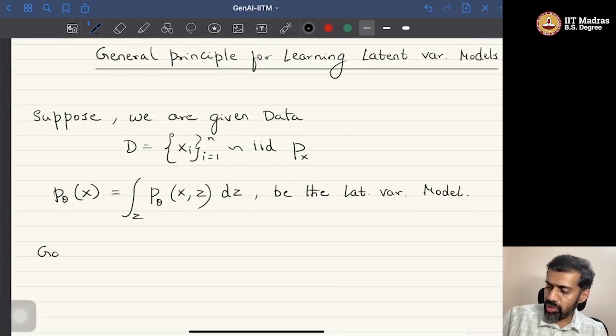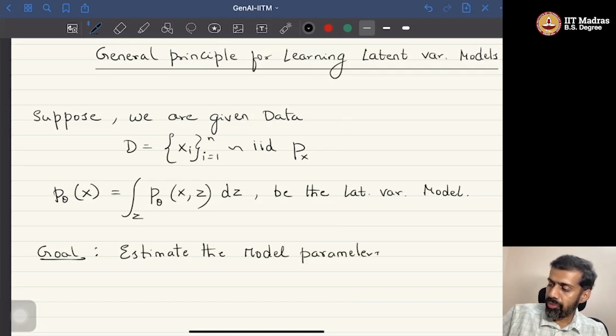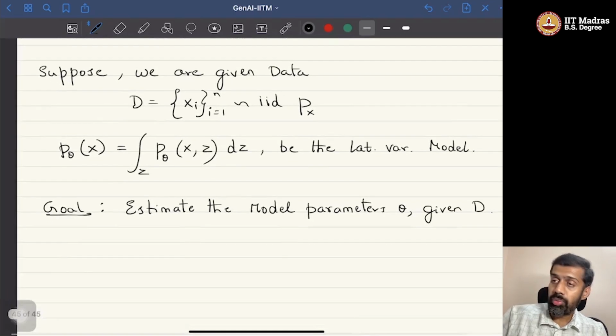The goal is as usual to estimate the model parameters theta given D. So this is what our objective is always with any latent variable model.